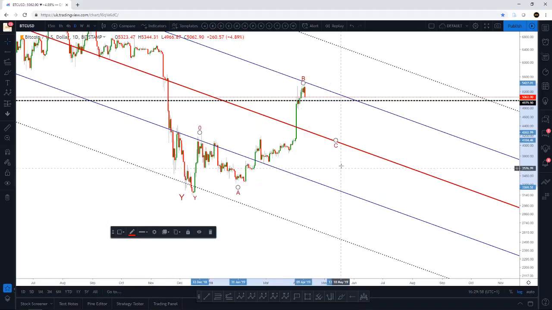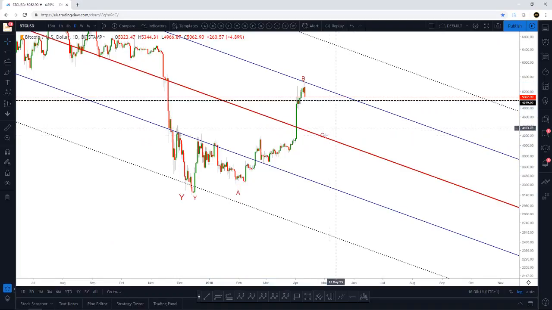Typically in a running flat, you'll get a 3-3-5 count. So you've got your 3 down, 3 up, and then you'd expect a 5 wave impulsive move down, C wave, where I believe it would probably test the median line before going up.